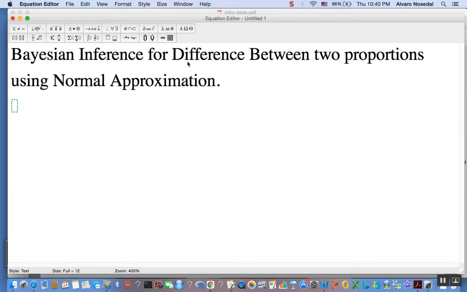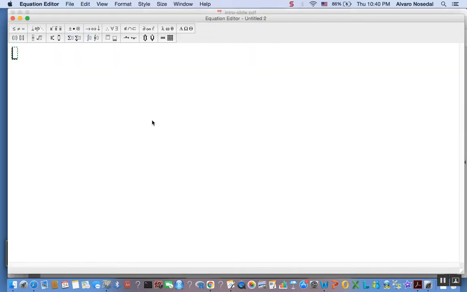But before we do that, let me remind you of a couple of things that we have seen before in this course, and you have also seen before in STA360. We have to have these formulas in mind.